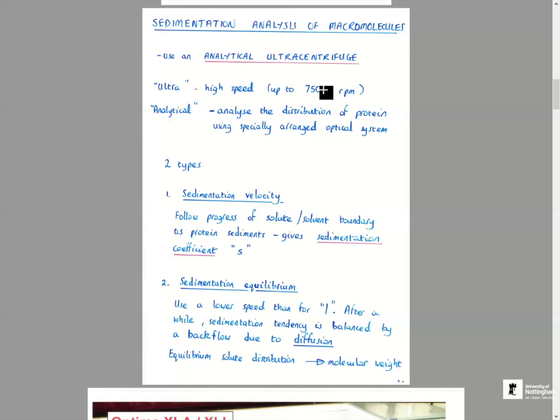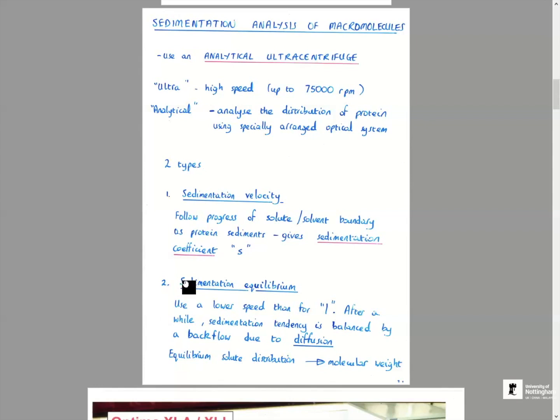And because of those, we can only run at a maximum of 60,000 revolutions per minute. That's okay. So that's velocity sedimentation, very high speeds, up to 60,000 RPM, looking at the sedimentation rate.